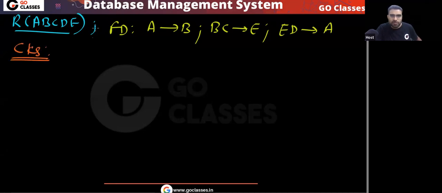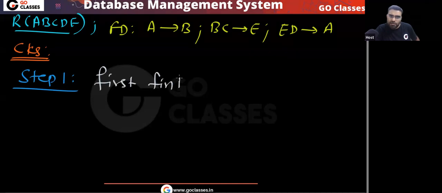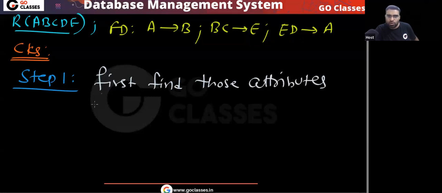First of all, tell me, is there any attribute which does not appear on the RHS? This is step number one: first, find those attributes which do not appear on the RHS of any FD.